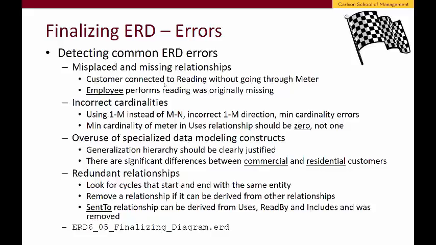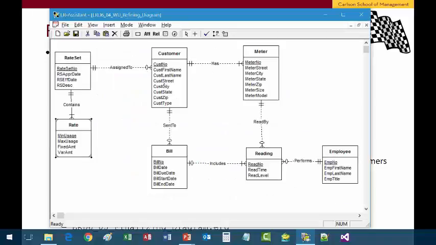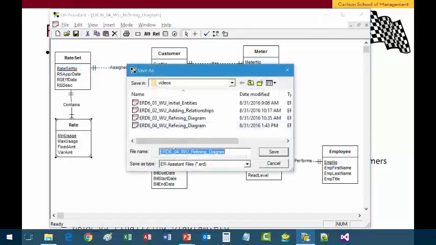Okay, so what we'll do, we'll open the last ERD number 4 and save it as number 5, renaming it as ERD 6_05_WU finalizing diagram.